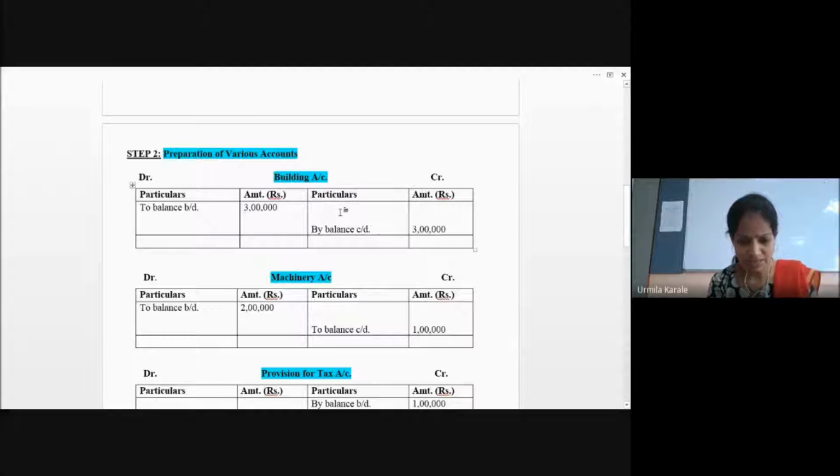So here you can either write by depreciation, or you can write by profit and loss account. It is up to you. If you write by depreciation, the account involved in brackets, you can write profit and loss account, or you can write by profit and loss account, and the narration is depreciation. It is up to you. If you write depreciation here, it is going to go to profit and loss account.